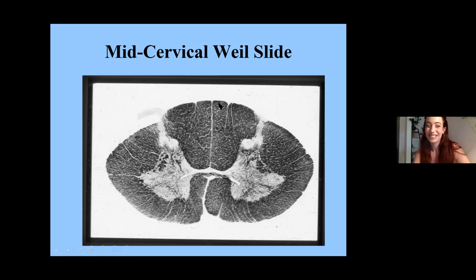So here is the dorsomedial septum, the dorsolateral septi. You can see a very nice fasciculus gracilis. Look at the size of the fasciculus cuneatus. It's absolutely huge for all the reasons I said. Then you see the dorsal horn.